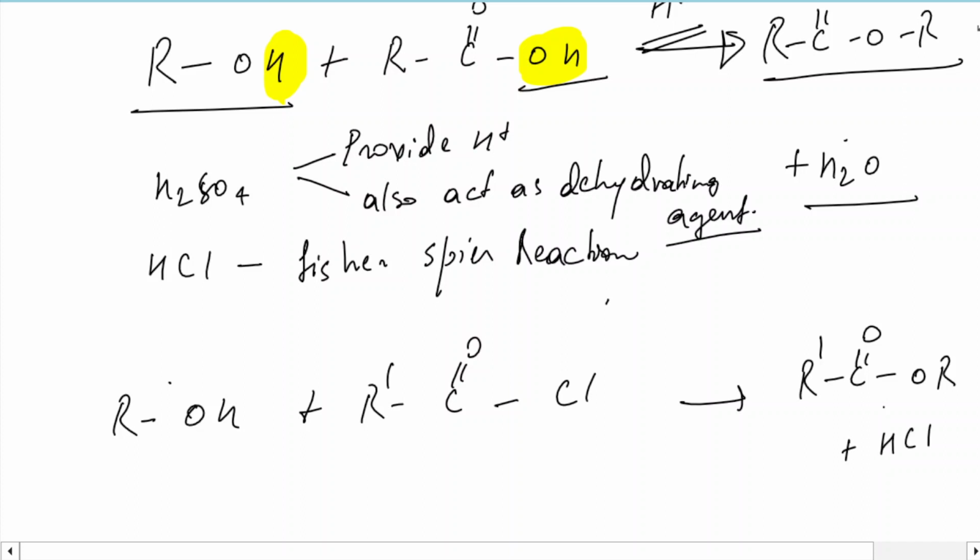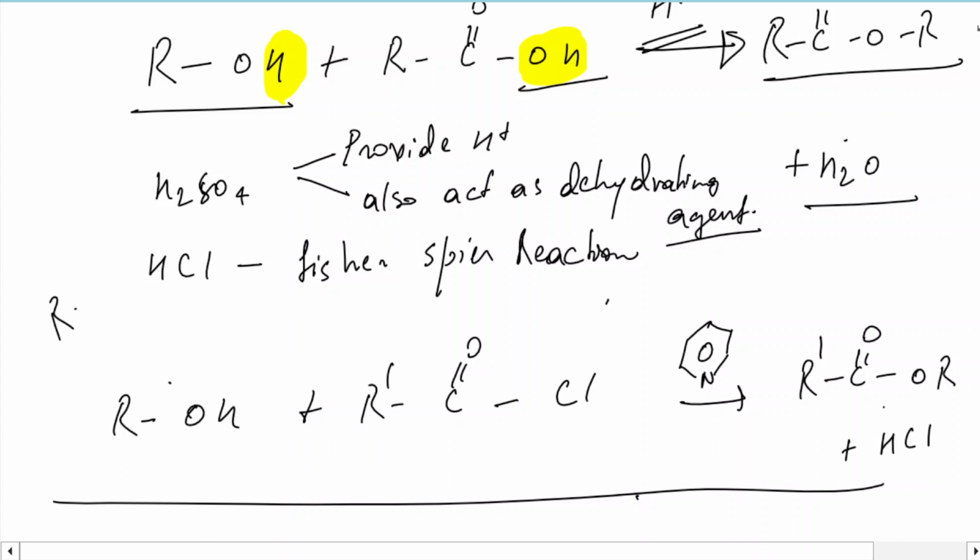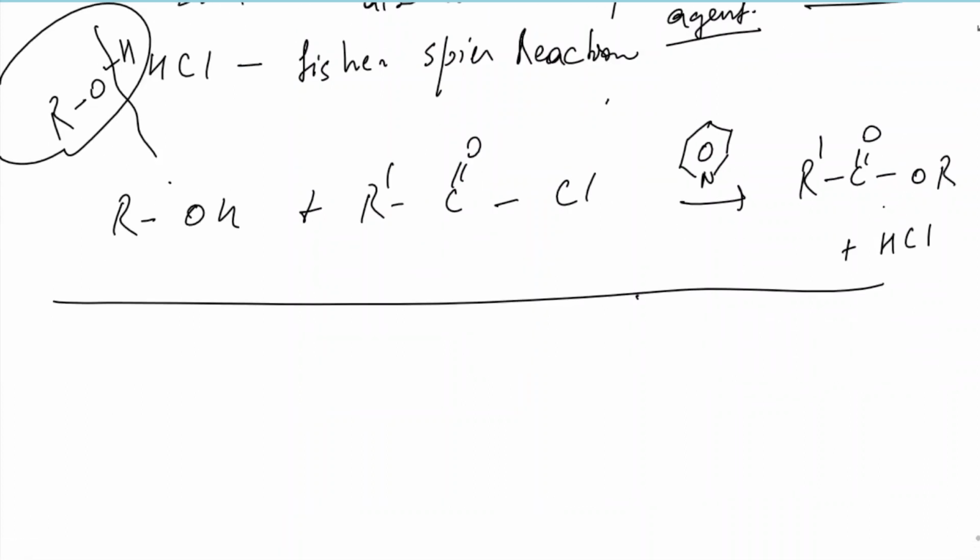And we can take pyridine as a solvent here. Okay, so this was all about the reactions involving R O H bond cleavage. Now let us have a look at the reactions which involve R O H bond cleavage.